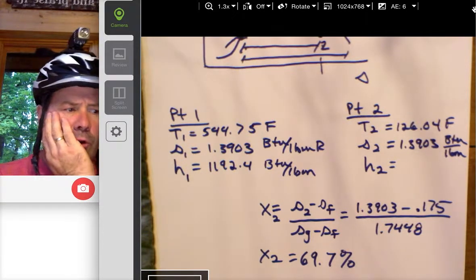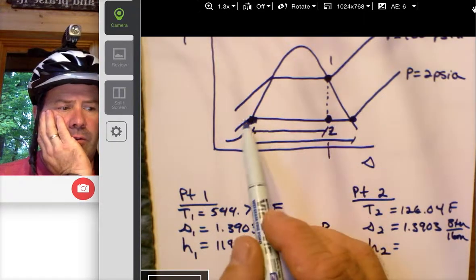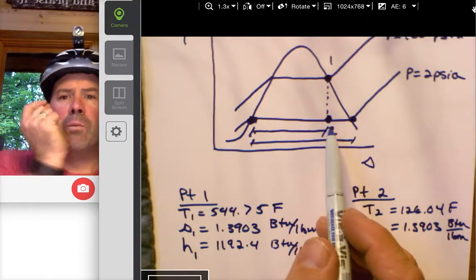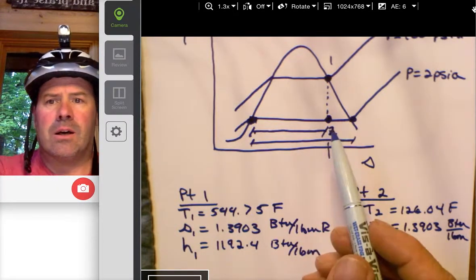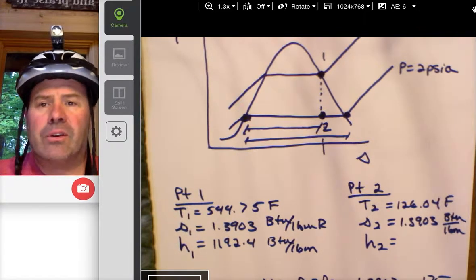So we now know how far point 2 is from point F to point G. We know the quality. We know what percent of the wet vapor is vapor.